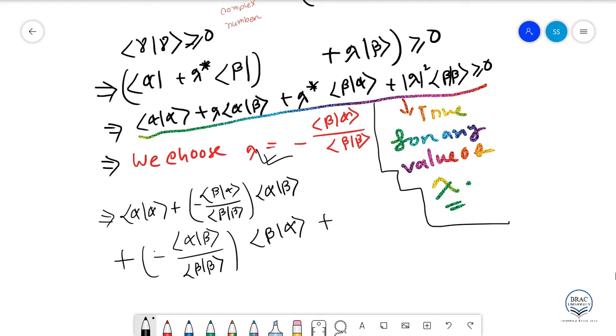So the minus sign is gone now, and because you have a square, that means you have the same thing twice, or you can think of it as the same thing multiplied with its complex conjugate, because this alpha inner product with beta is in general complex. That's why we want to write this last term.